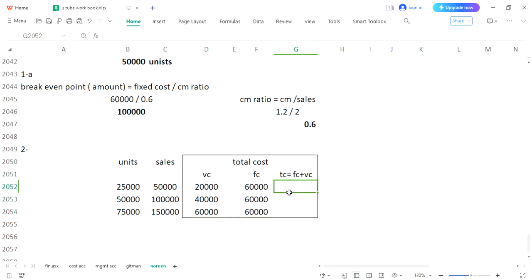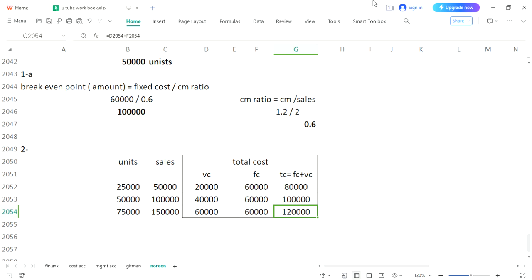Fixed cost and variable cost we need to add. Variable cost is 20,000. You need to add fixed cost 60,000. First total cost has arrived: 80,000. And again you will do the same thing, 40,000 plus 60,000, second total cost, and then third, 60,000 plus 60,000, we have got 120,000.